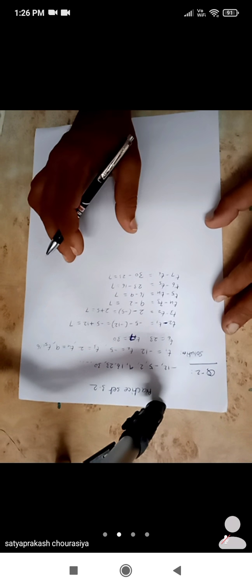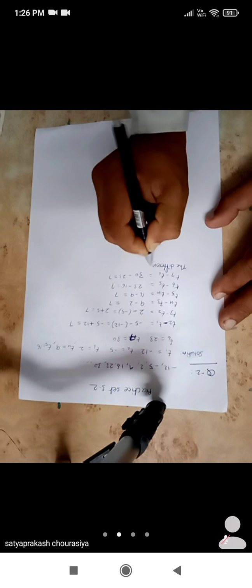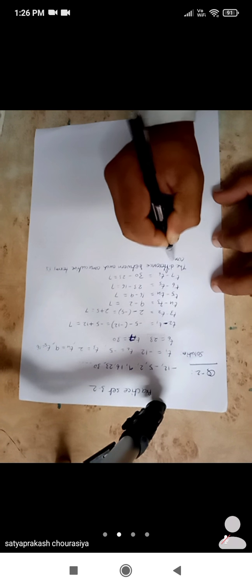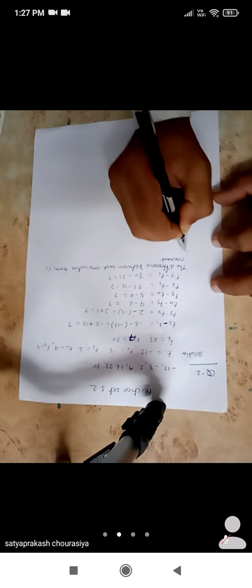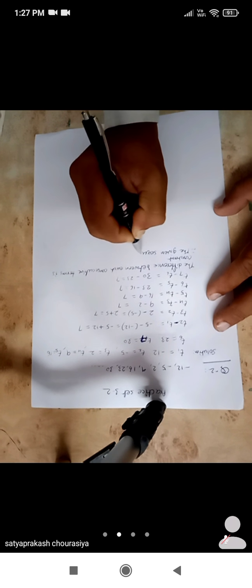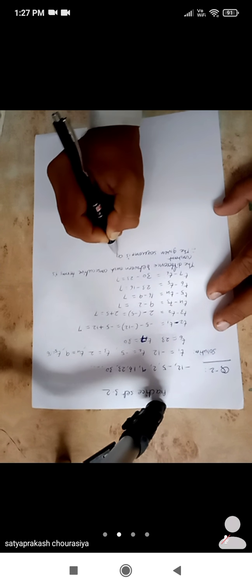So what we have seen here, the difference between each consecutive terms is constant, therefore the given sequence is an AP.